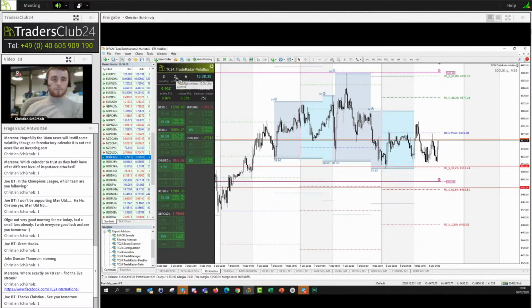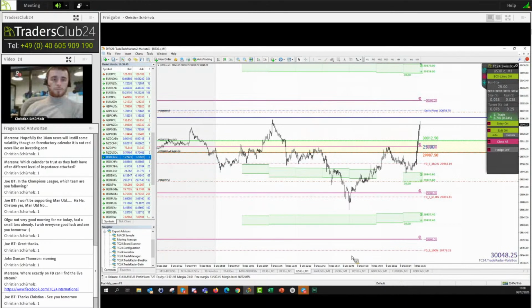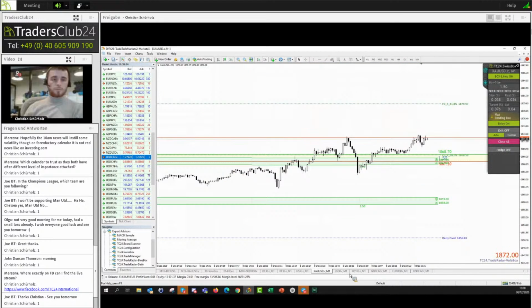Once these 2 trades here have closed, we've definitely reached the first target of 0.5% for the day. We're coming ever so close to the take profit here. Dow Jones.